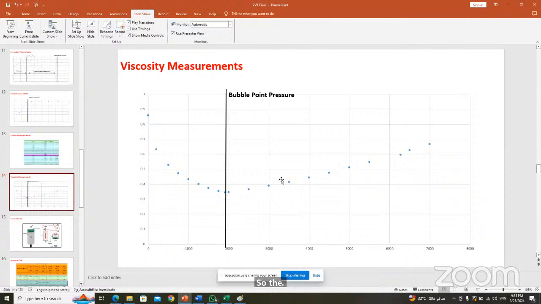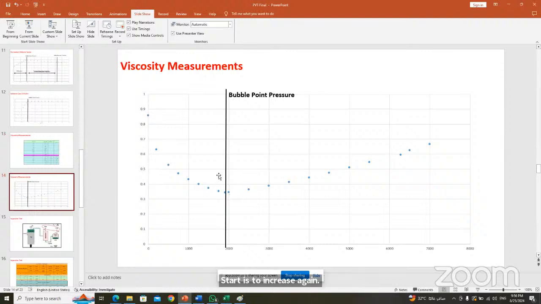The oil viscosity keeps decreasing until we reach the bubble point. Once we reach the bubble point, we start losing some gas. The gas makes the movement of the oil much easier, because the gas is lighter. So once we start removing gas, the oil becomes heavier and more difficult to move, and the viscosity starts to increase again.